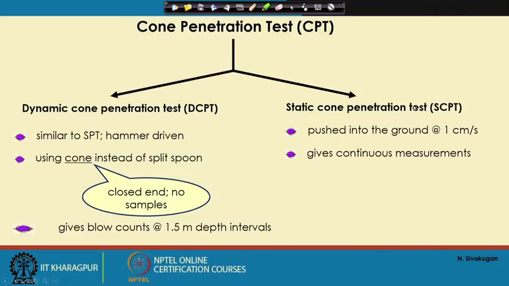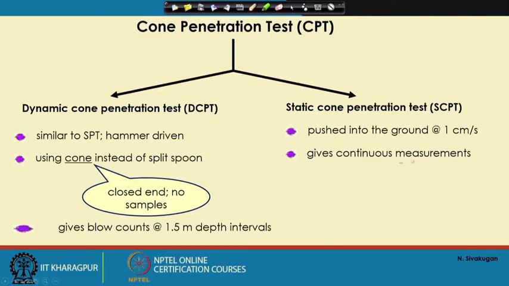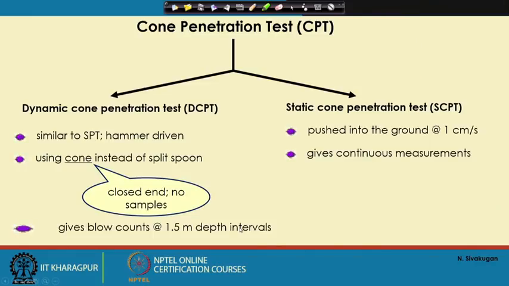In the SCPT, we get continuous measurement, but in the dynamic cone or the SPT, where hammer blows are required, we get the data at certain intervals, generally not more than 1.5 meters depth interval.